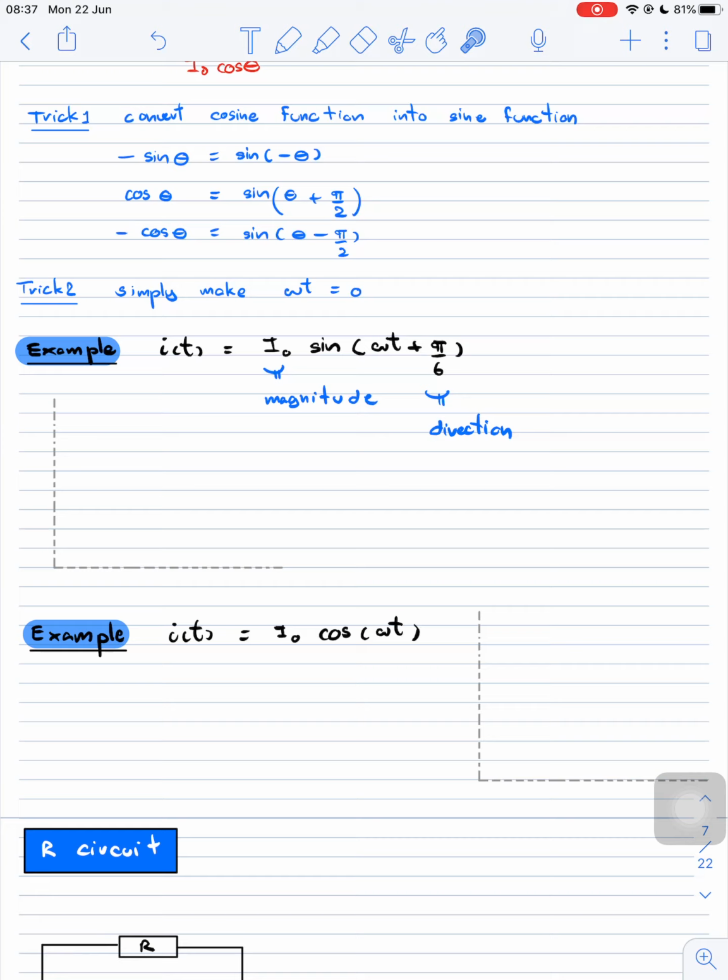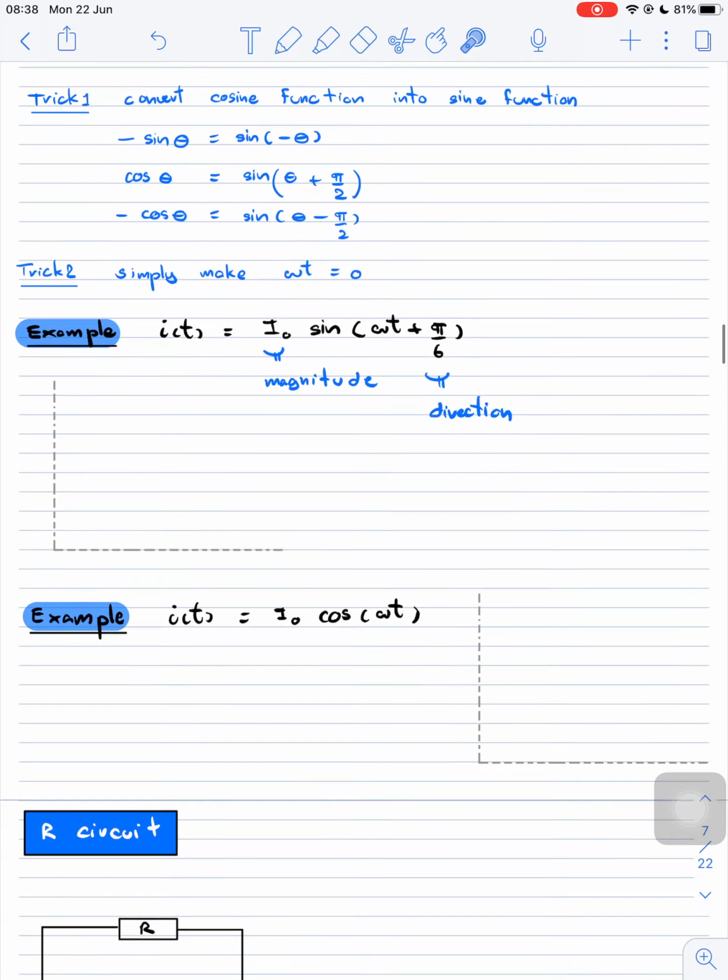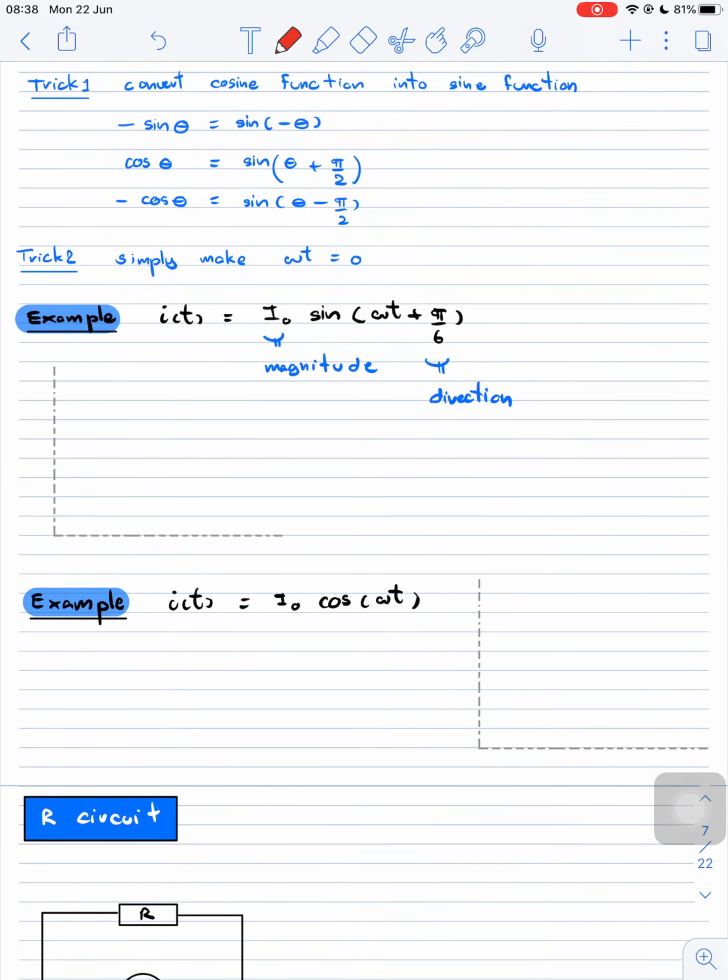Okay, so let's consider this one. I have the current I, depending on the time t, equal to I naught times the sine of omega t plus pi over 6. So now you can see that if we want to write this one as a vector, the I naught here is going to be the magnitude of the vector, and we make the omega t equal to 0.